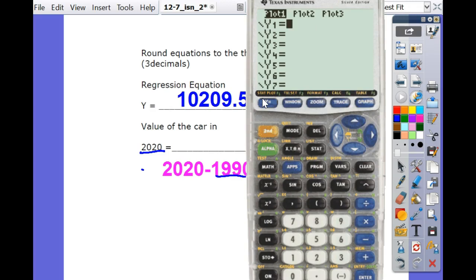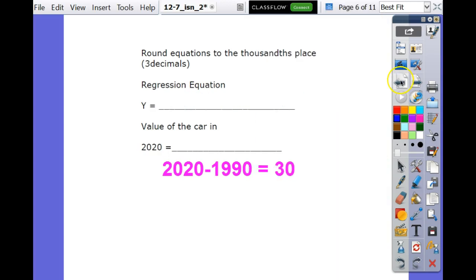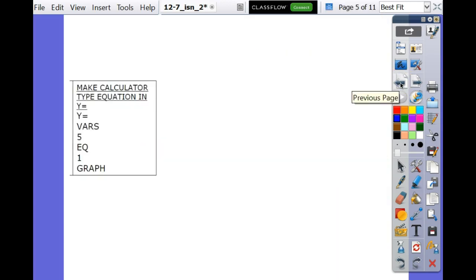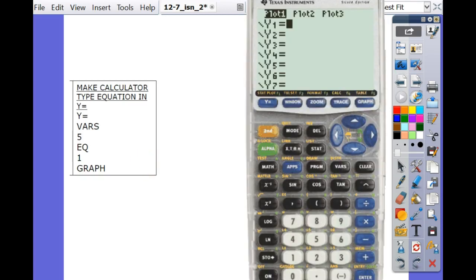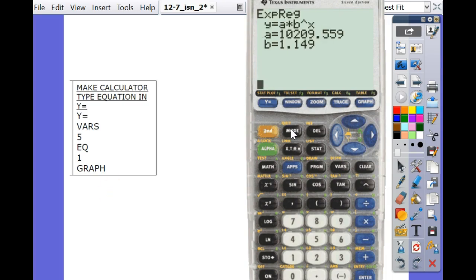So I'm going to go back to the y equals. If you have something in that screen right there, clear it out. I can type the equation in for myself, or I can let the calculator type the equation in for me. This last box on your paper tells you how to make the calculator type the equation into the y equals. So, are you at y equals? Is it cleared out? On the main screen, do you have the equation?